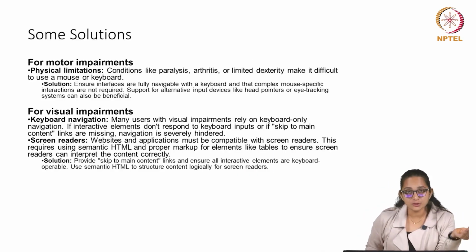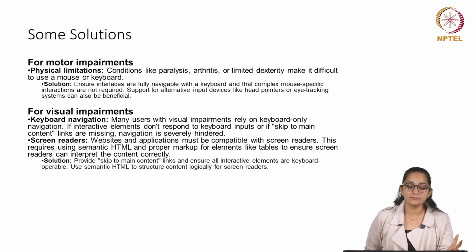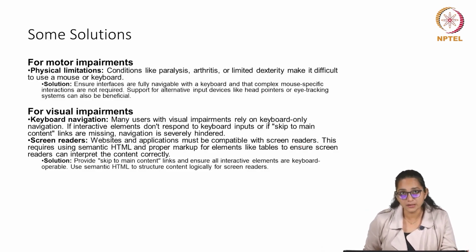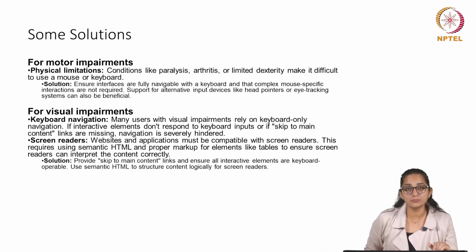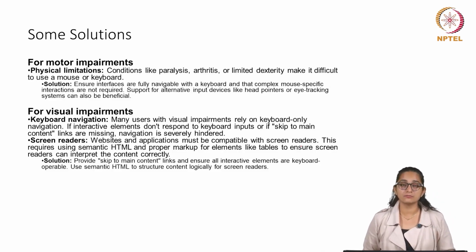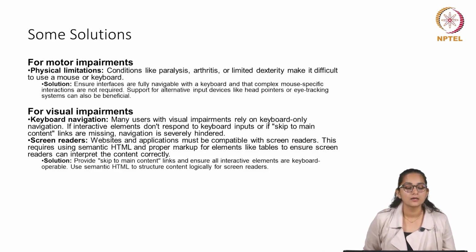There can be some solutions. Some of these solutions might have already come up in some earlier session, but again, looking at it from an input interaction perspective and for special use cases, motor impairments, visual impairments, etc., it is good to have a discussion that way.